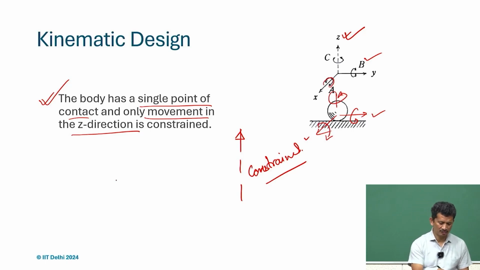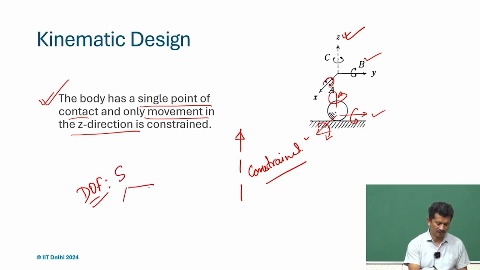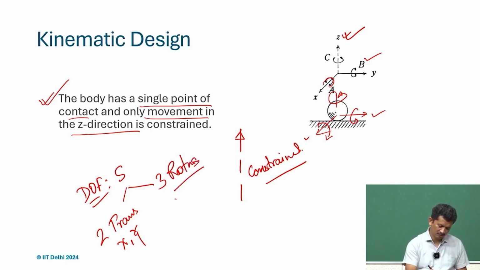So, in case the degrees of freedom, if we talk about, that is 5, out of 5 we have translation, 2 translations, that is x and y, and 3 rotations along x, y and z axis.